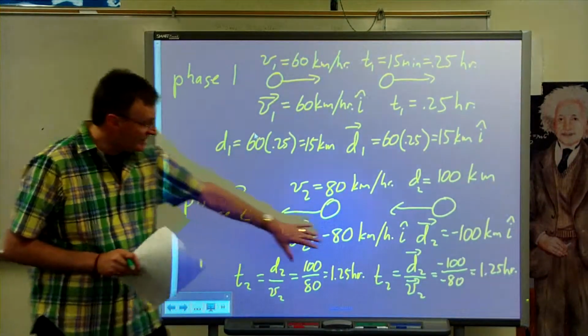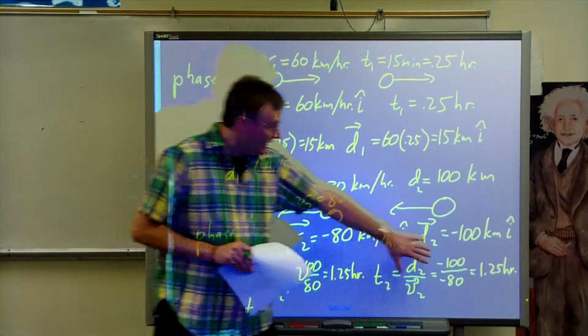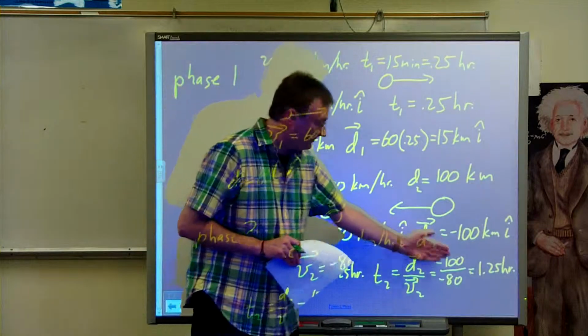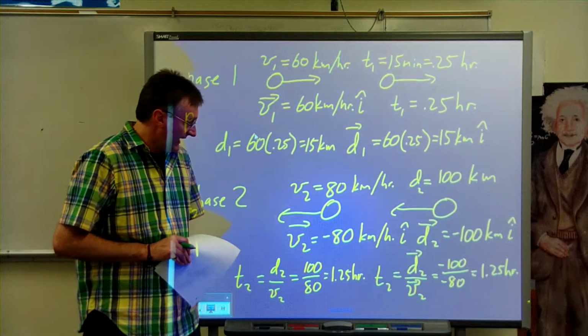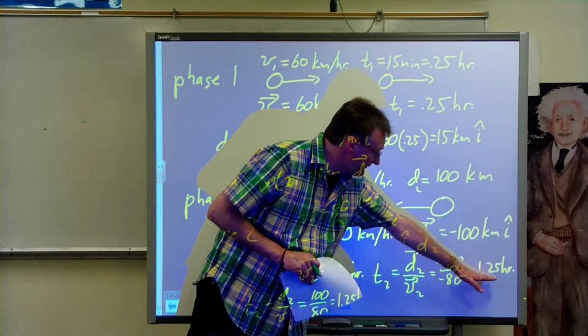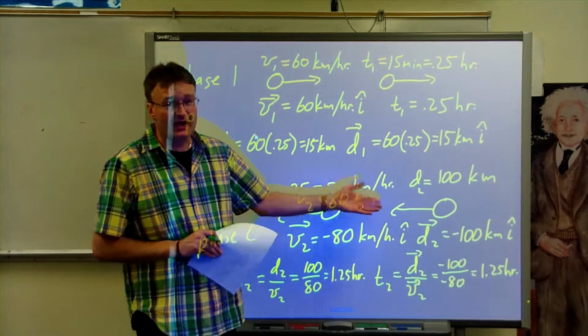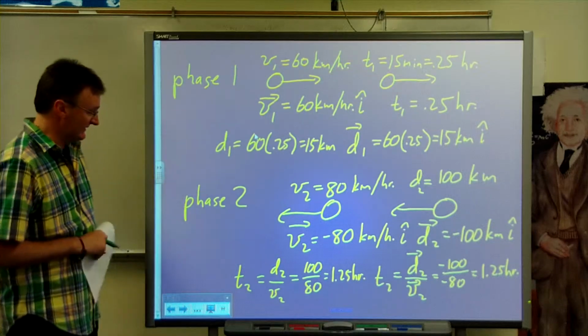So as long as you've got all the right signs, the pluses and the minuses, all of them will work out correctly if you're careful with the pluses and minuses as you're working through the problem. And so again, we get a positive number for time, which is what we expect. If you get a negative number for time, you know that something's wrong, so you better go back and check your pluses and minuses there.